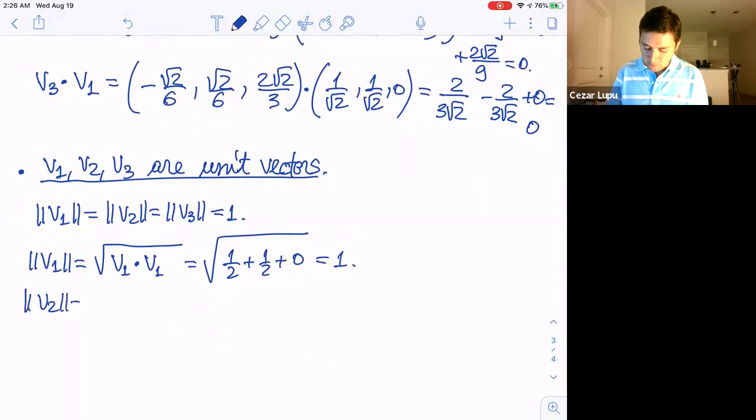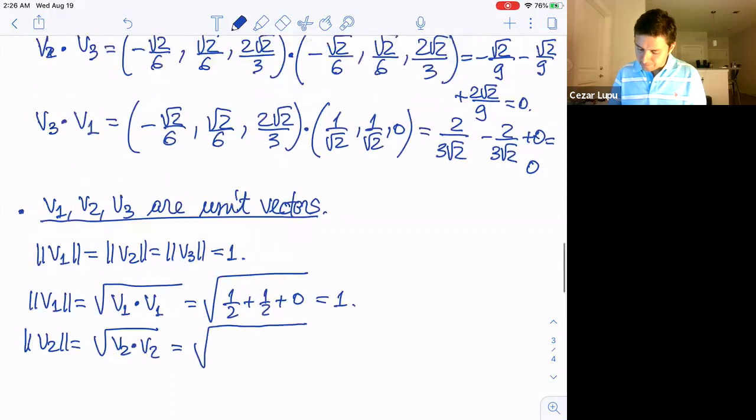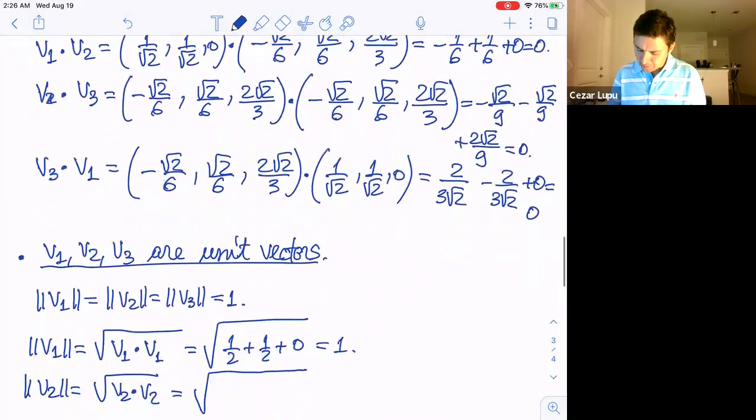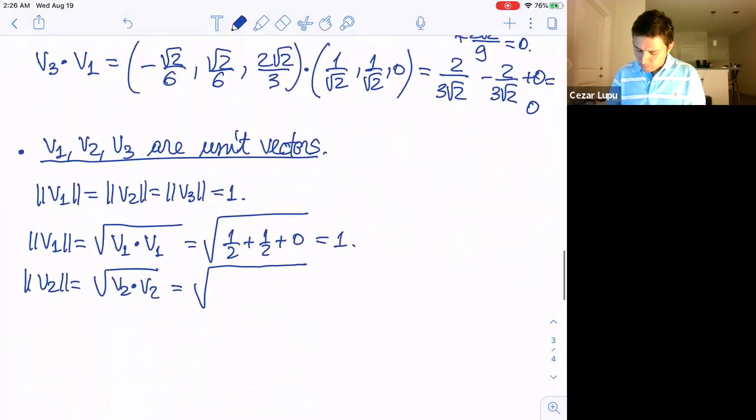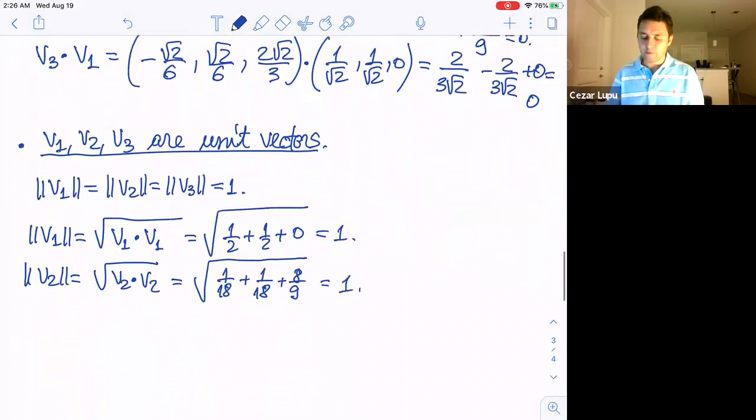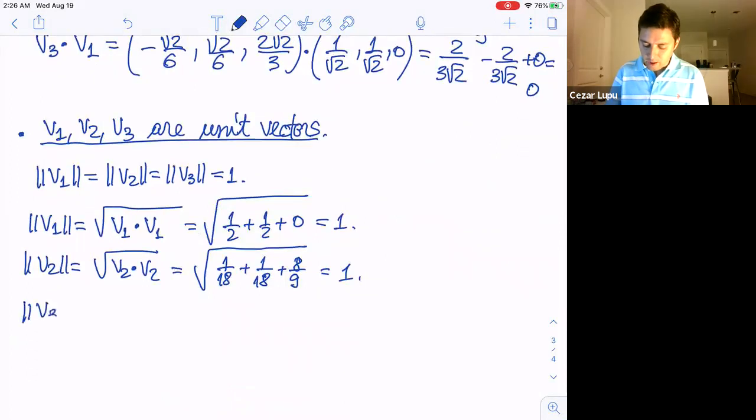Now the length of V2 will be the square root of V2 dot V2, which will be 1 over 18 plus 1 over 18 plus 8 over 9. And if you do the computations, this again will give us 1. And the last one is the length of V3, the square root of V3 dot V3.